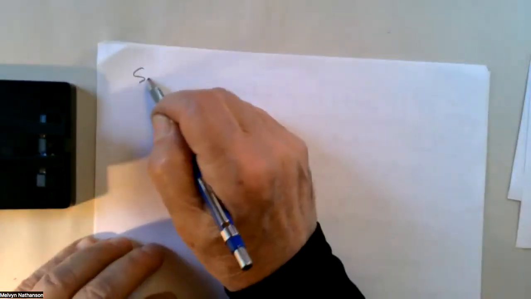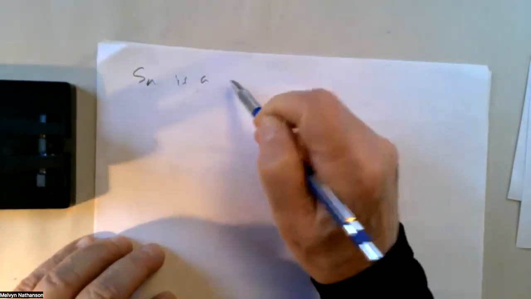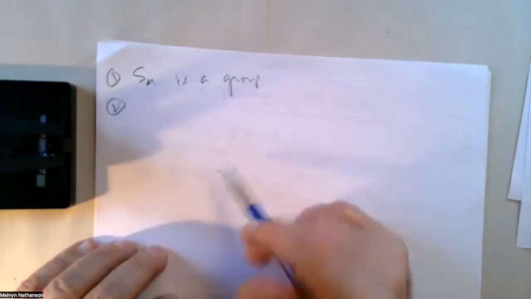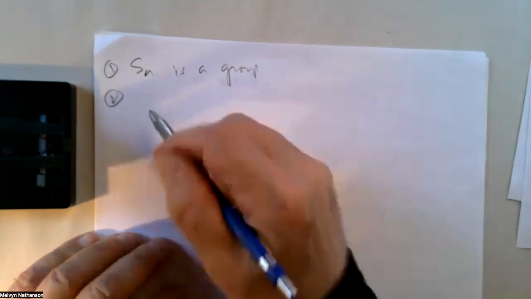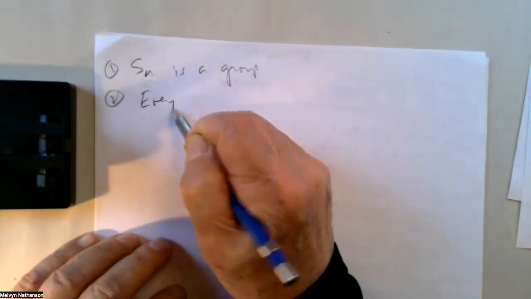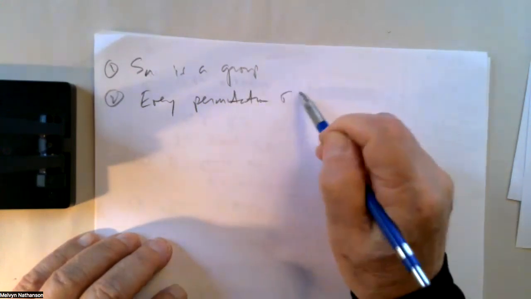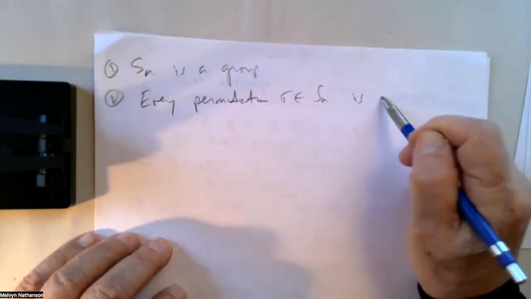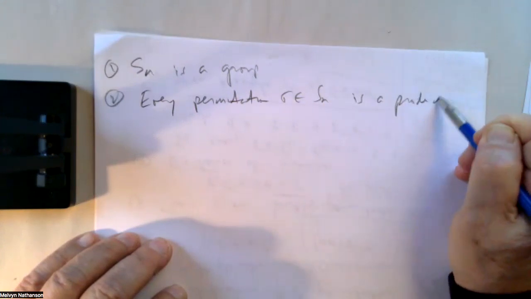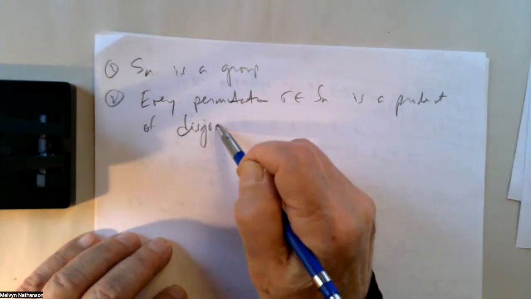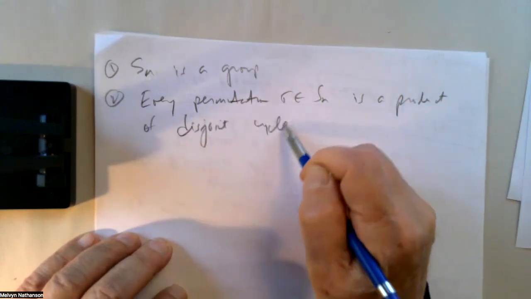Let me just state, so Sn is a group. And the other important fact that we've observed is that every permutation sigma in Sn is a product of disjoint cycles.